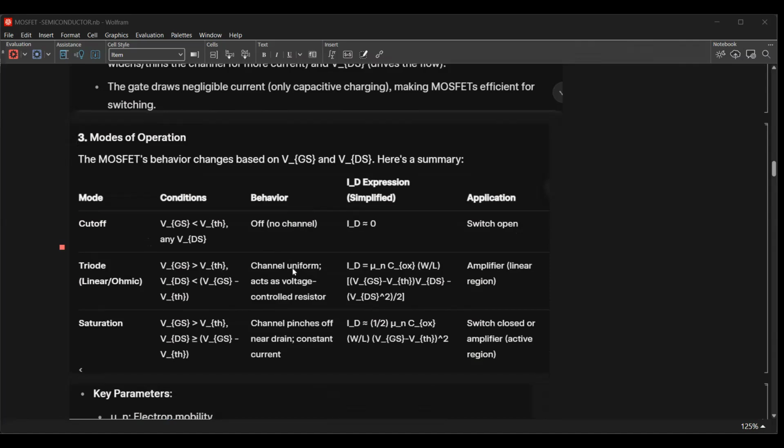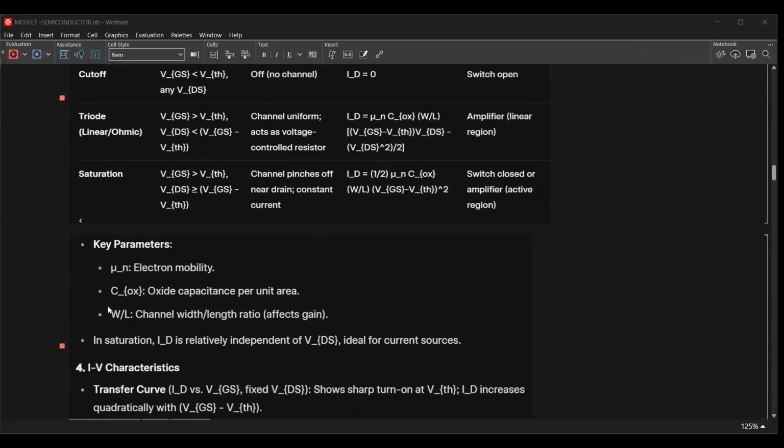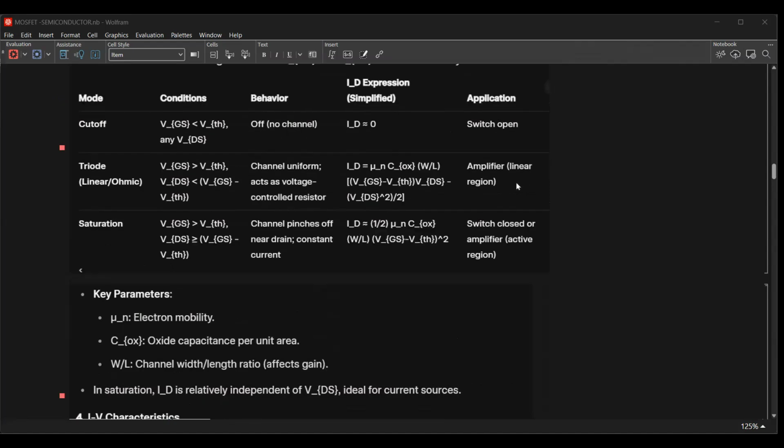So the channel here is uniform. We have the equation to be used here, where mu sub n is the electron mobility, COX is the oxide capacitance per unit area, and W over L is the channel width-to-length ratio, which also affects the gain. Application on the triode: amplifier, linear region.